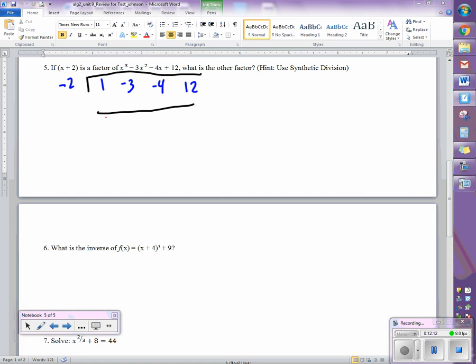Bring down the 1, multiply it with -2, add it with -3, multiply it with -2, add it with -4, multiply it with -2, add it with 12.